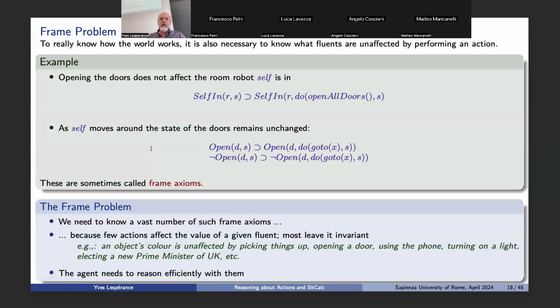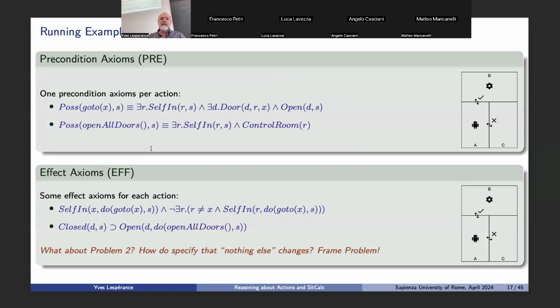You go back: this was our effect axiom for goto. Self-in is only affected by goto, not by open all doors, so this is the only thing we have to look at. Now we rewrote this to say, when does self-in become true? When I go to X, self-in X. And when does self-in X become false?